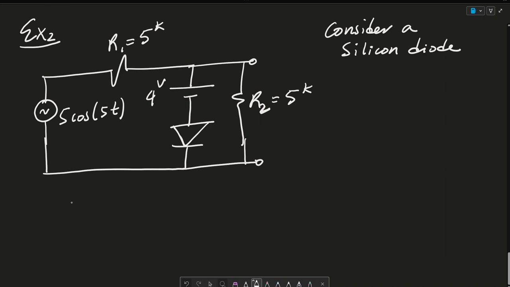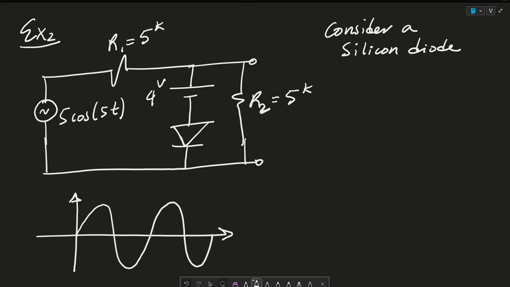So imagine we have an input. Again, it's a 5 cosine, so this looks like this with a VP of 5 and -5. So this is our input.